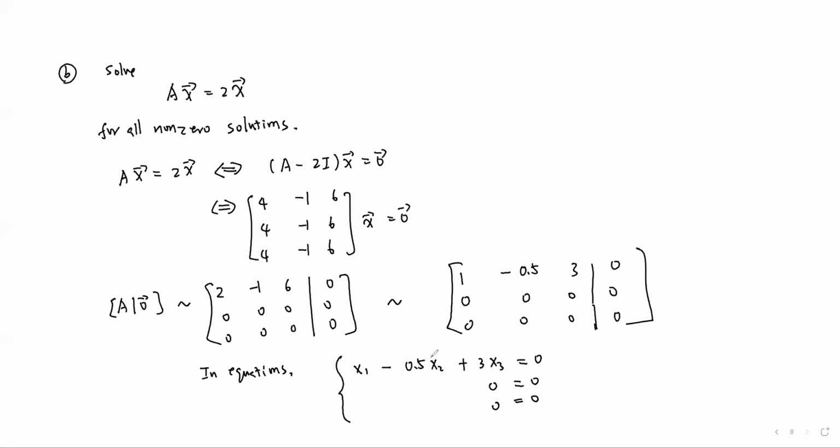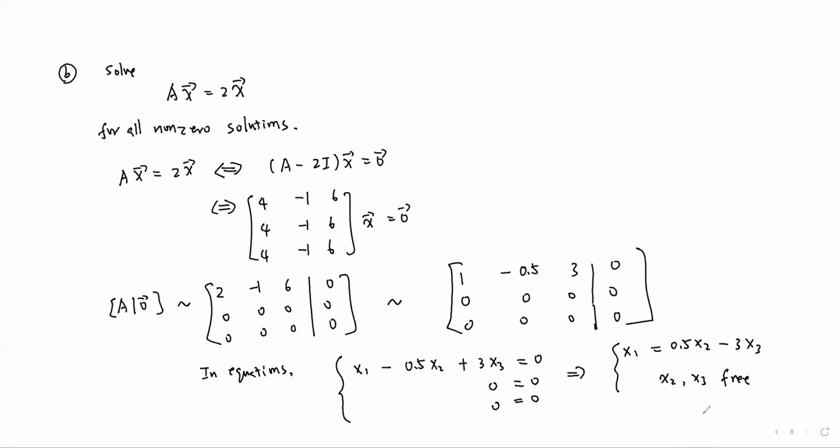Now solve this linear system for the basic variable, only one basic variable, in terms of the free variables to get all the solutions: x1 equals 0.5 x2 minus 3 x3, with x2 and x3 arbitrary. This is the general solution.